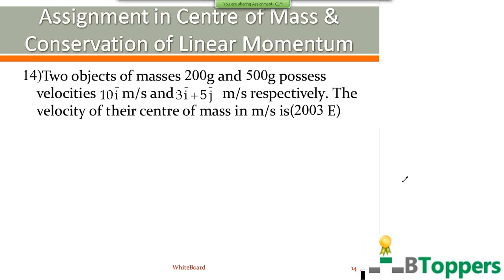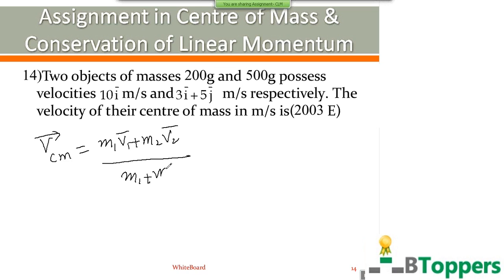Two objects of masses 200 gram and 500 gram possess velocities 10 i cap and 3 i cap plus 5 j cap meter per second respectively. The velocity of the center of mass in meter per second is. The velocity of the center of mass of a system of 2 point masses m1 and m2 is given by Vcm bar equals m1 v1 bar plus m2 v2 bar by m1 plus m2.